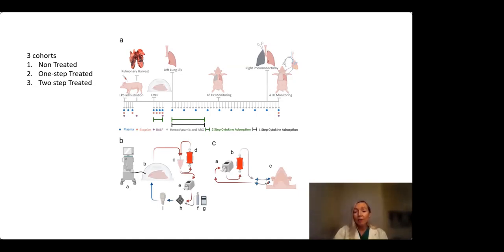So we had 3 groups: 1, the non-treated; 2, what we called one step, that only got cytokine absorption once after transplantation; and the 2-step treated group that got it once during EVLP and once post-transplantation.